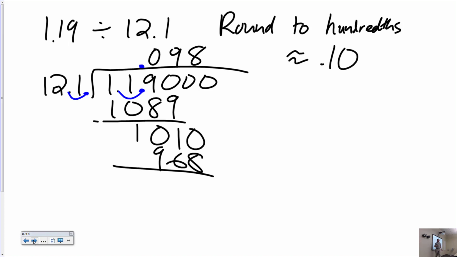Please note, folks, when you are asked to round a number to a specific place marker, you must always write it to that place marker. Okay? So the answer to this problem is also 0.1 without the 0, but technically you haven't really written it properly because you didn't round to the hundredths, which is what the problem asked. Okay? So if there are zeros at the end when you are rounding, please write them to where you need to round and then stop.